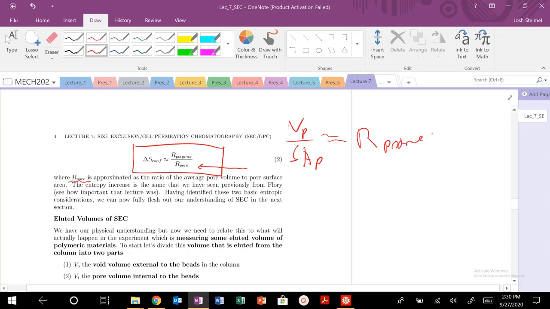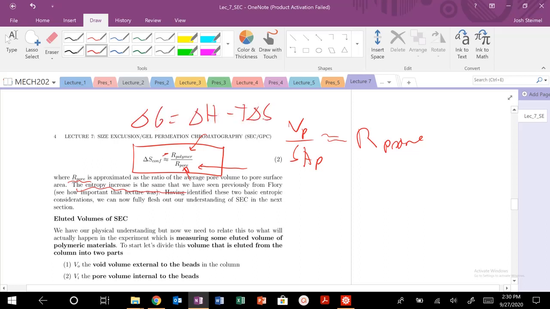So the entropy change is the same as we've seen previously. As we compress our polymer, we try to fit a huge polymer inside of a really, really small pore. This value is negative in terms of entropy. That's just the scaling.